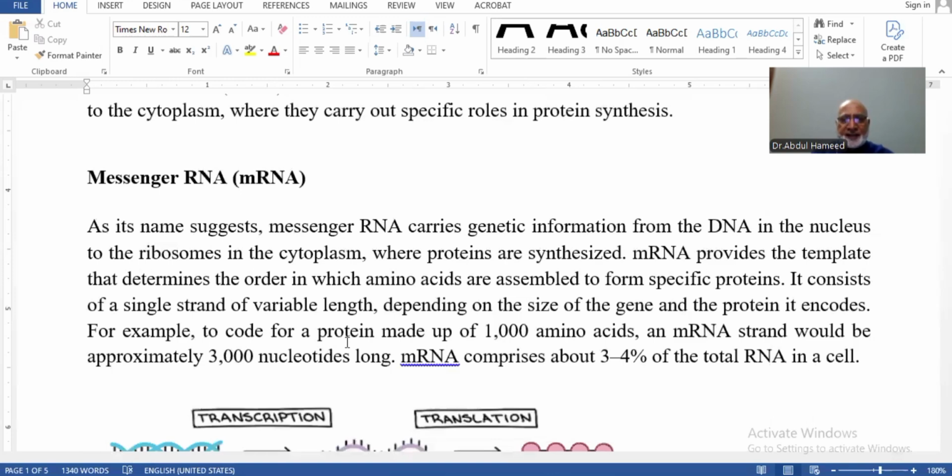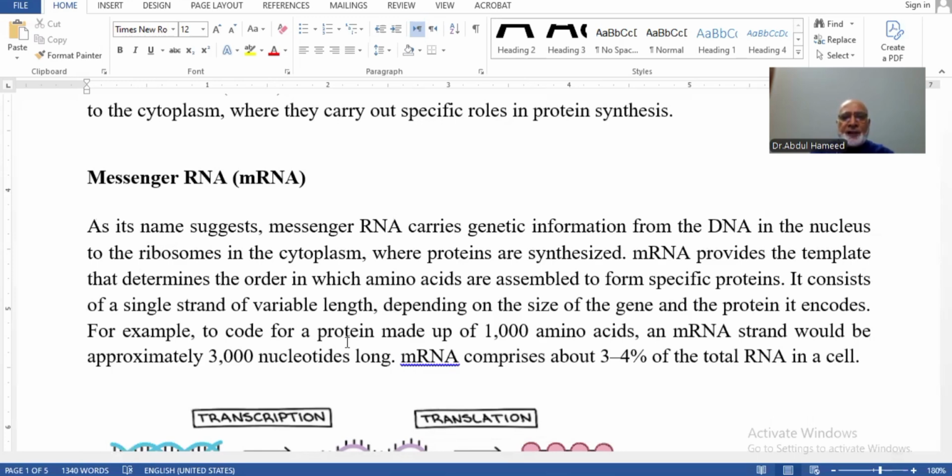It is a single-stranded molecule with variable length depending upon the type of protein they are supposed to translate. So if a protein is having 1,000 amino acids, then messenger RNA should have 3,000 nucleotides.